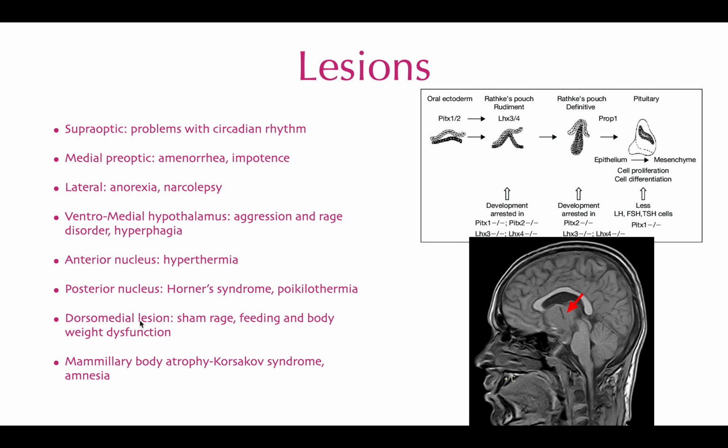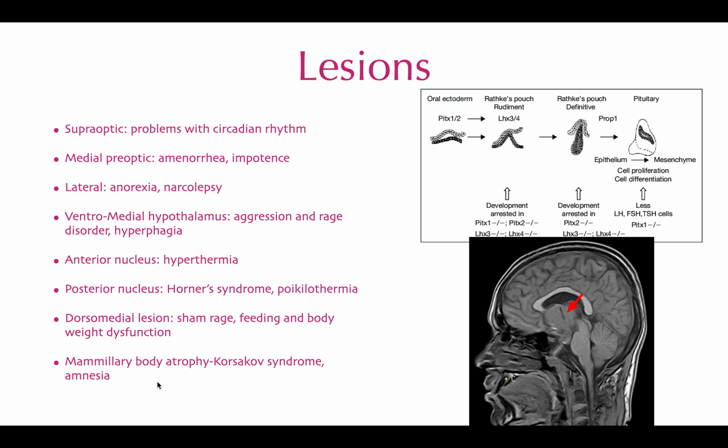The dorsomedial lesion, we haven't really found this in humans, but in animal experiments, it's going to lead to something called sham rage, where there are behaviors associated with rage, so aggressive or violent actions, but there's no actual internal feelings of rage involved. So that's sham rage, and it's also going to lead to feeding and body weight dysfunction.